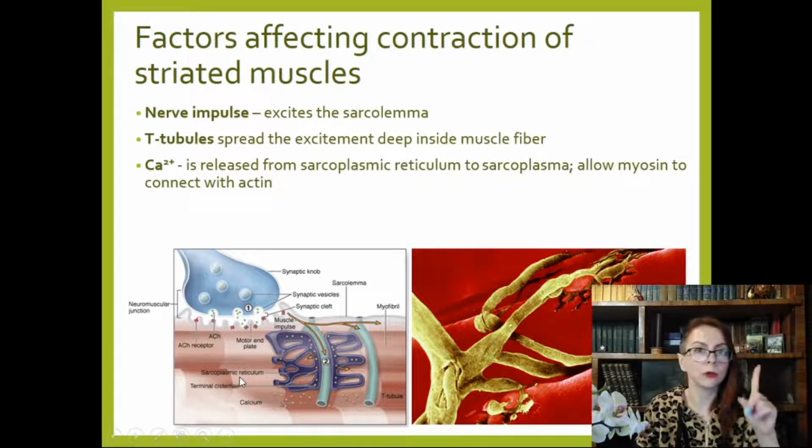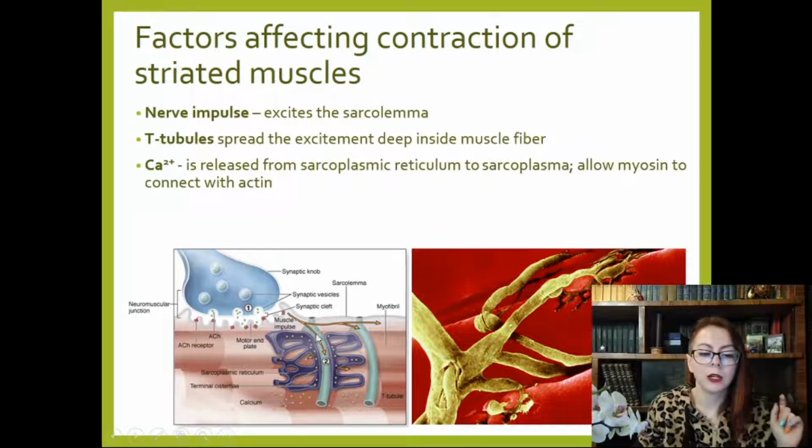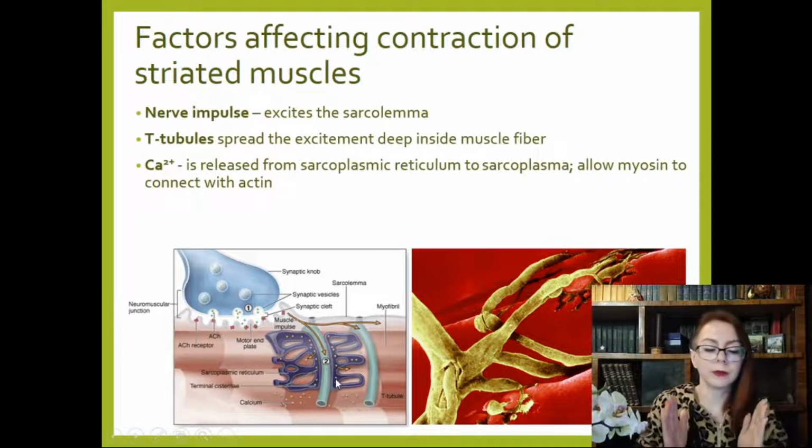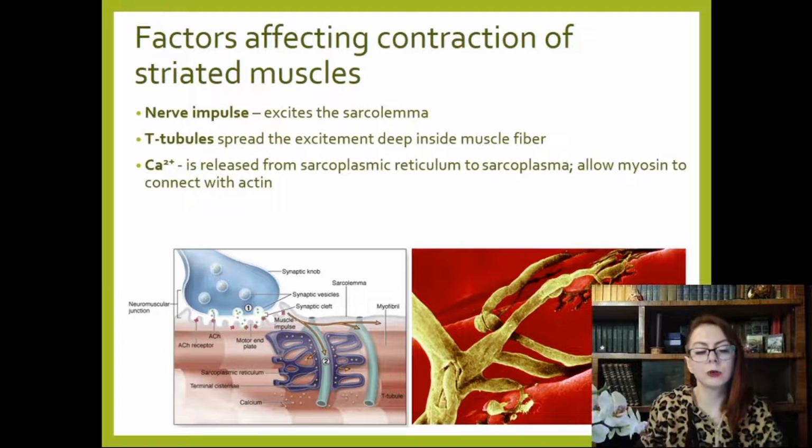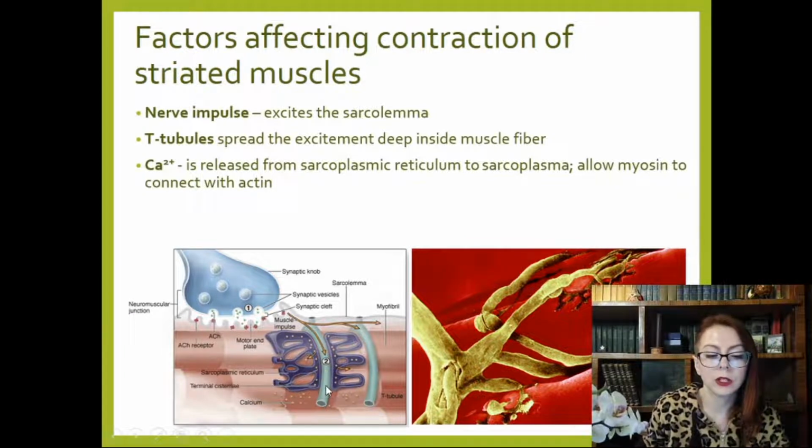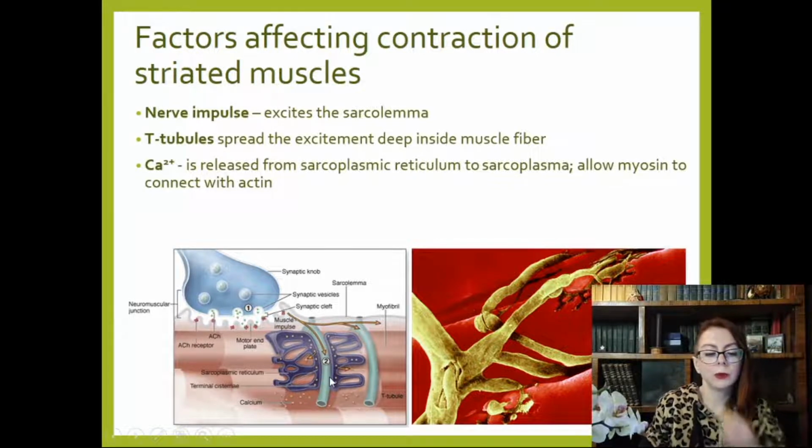Besides, notice one more term you have to keep in mind. One T-tubule with the two closely attached sarcoplasmic cisterns is called a triad. So the combination of the terminal cistern, T-tubule, and another terminal cistern is what we call a triad.